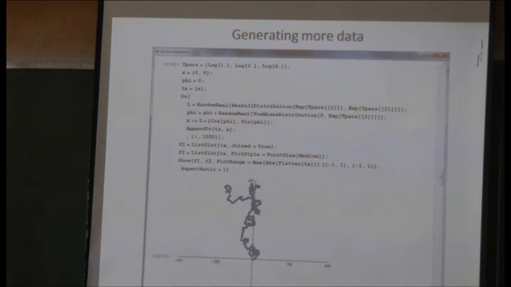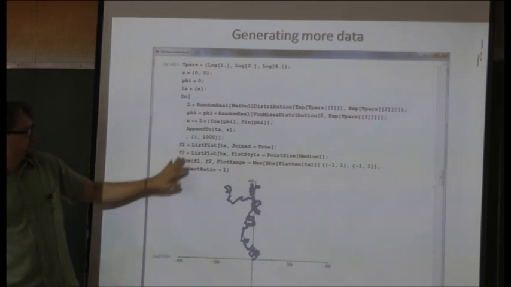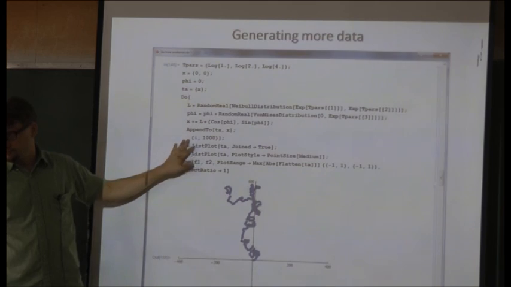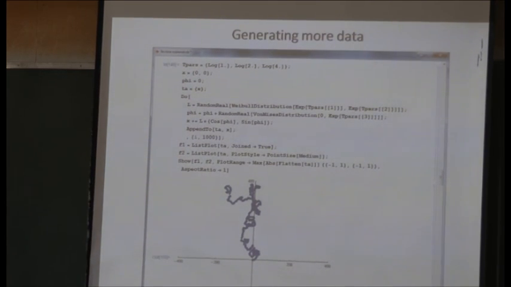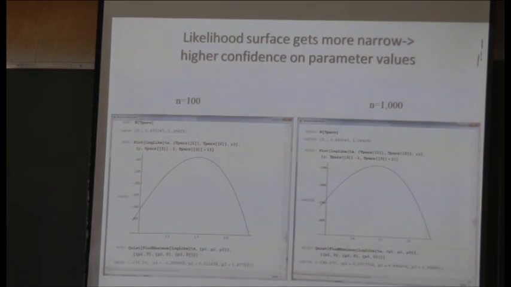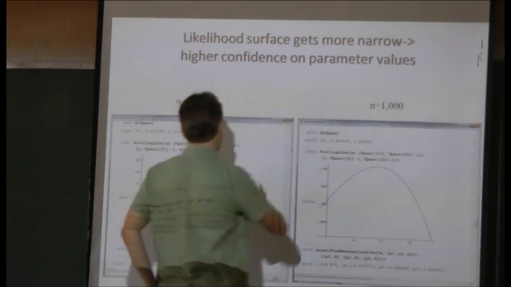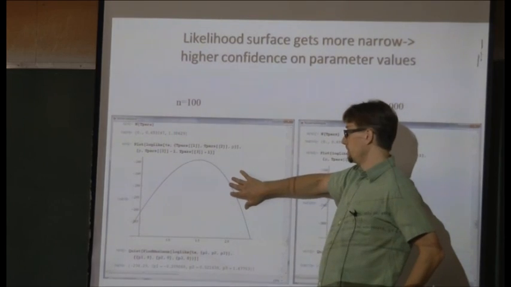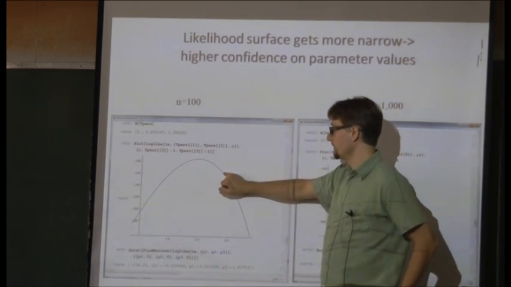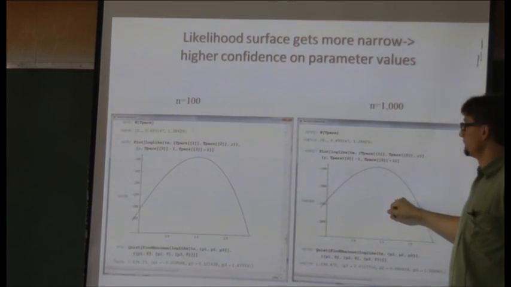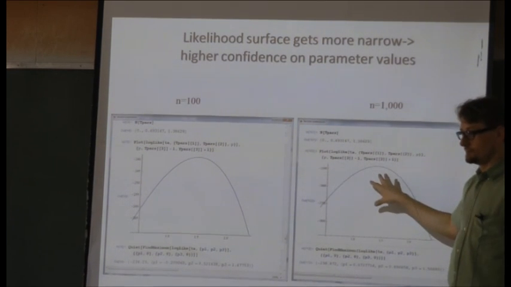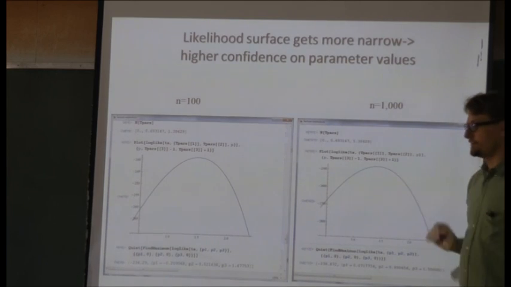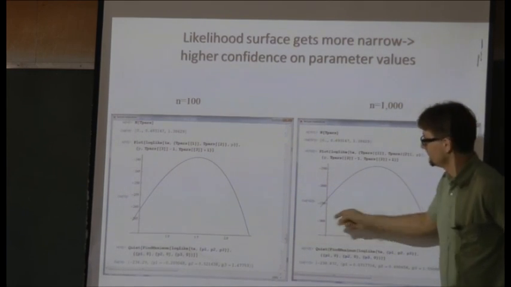Okay, what happens if you generate more data? Instead of 100 data points, you have 1,000 data points. This is pretty clear cut. Instead of the likelihood surface you had before, again shown only for 1 parameter, you have this likelihood surface for 1,000 data points. It looks exactly the same, but only because you are far away from the screen and you don't see the axis.